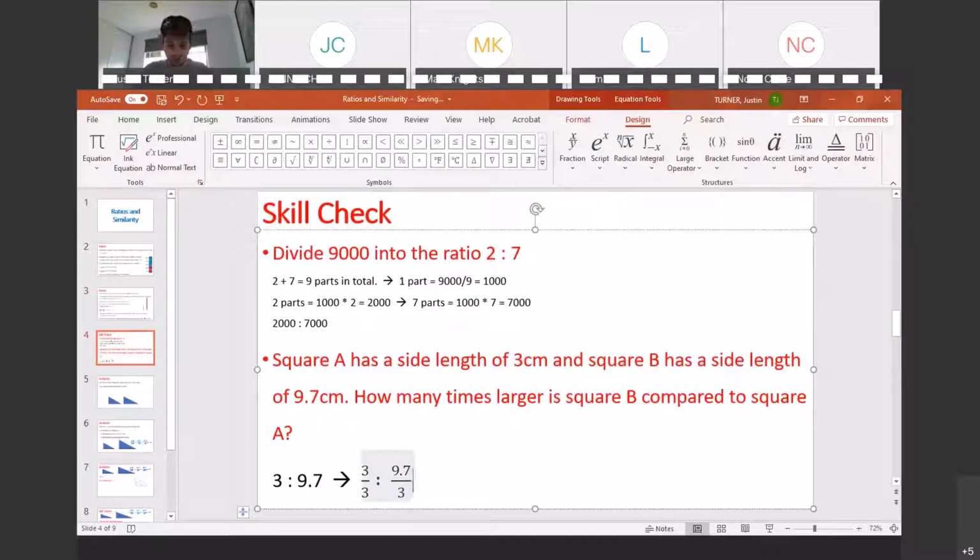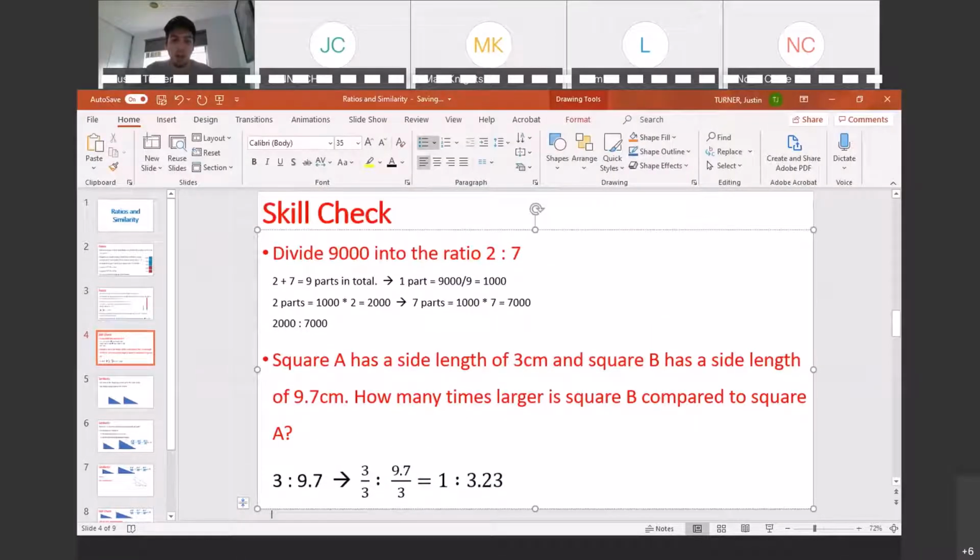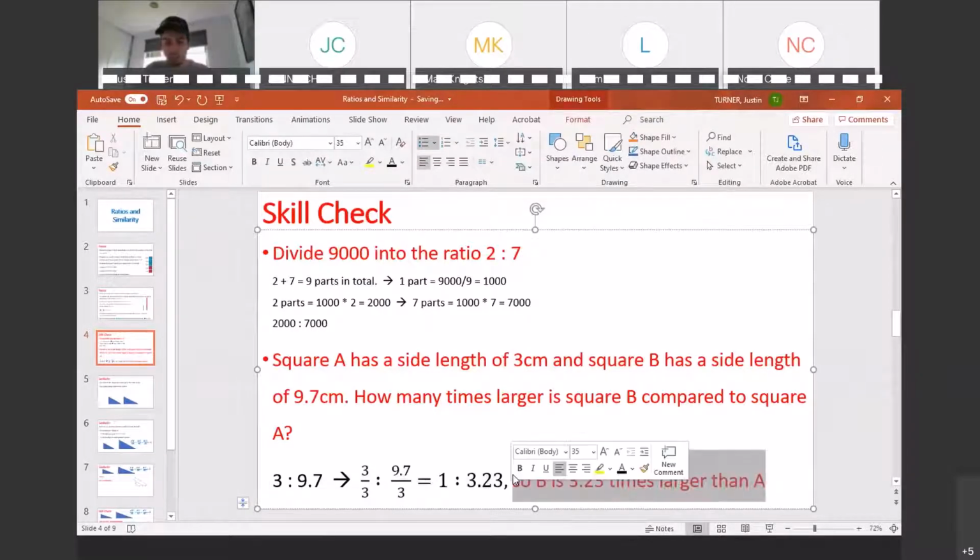And if we were to whack that in our calculator, we should have 3.23 if I'm keeping it to two significant figures. So 3.23 is our expansion factor, and that is how many times larger B is to A. So we can write it as, B is 3.23 times larger than A. That's it.